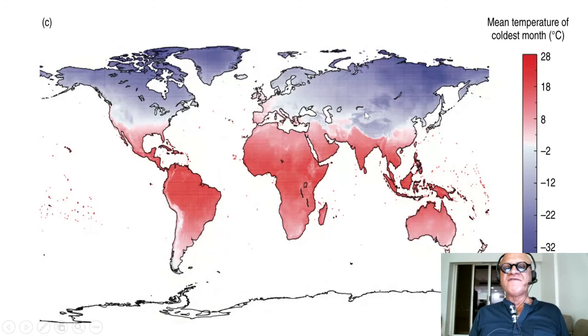Okay, this is the mean temperature of the coldest month. Temperature is obviously a very strong requirement for plants. There is a temperature dependence of the photosynthesis as well. With warming, it can grow. The photosynthetic rates can increase, but beyond a threshold they can begin to wilt and have stress.